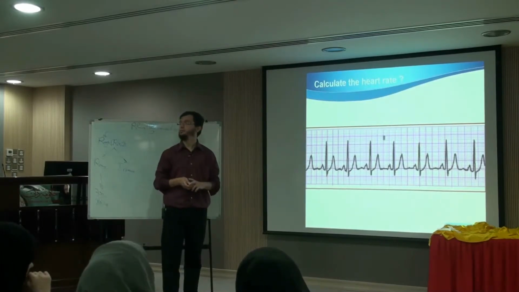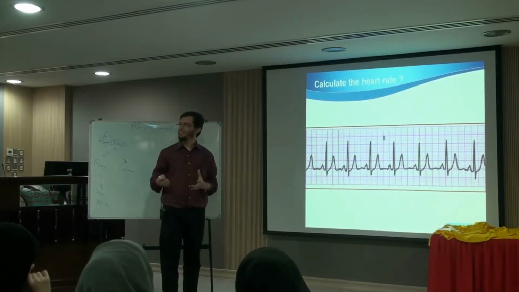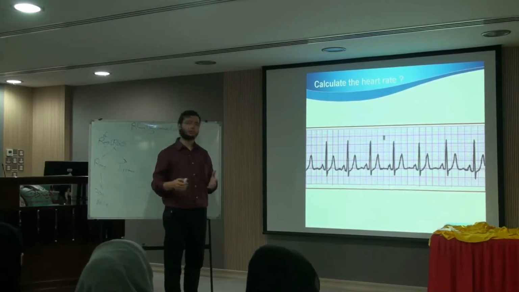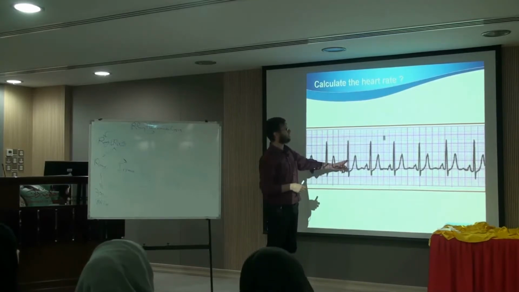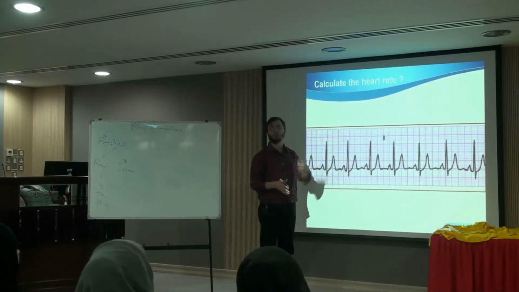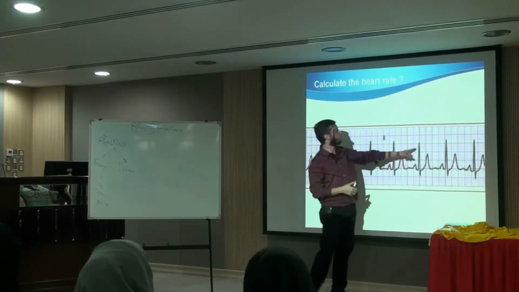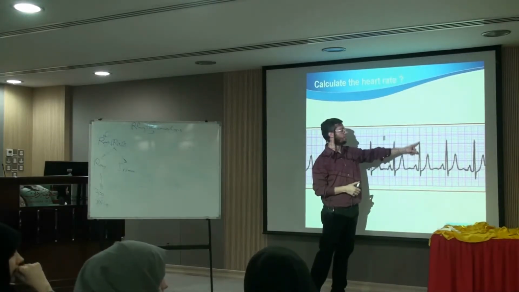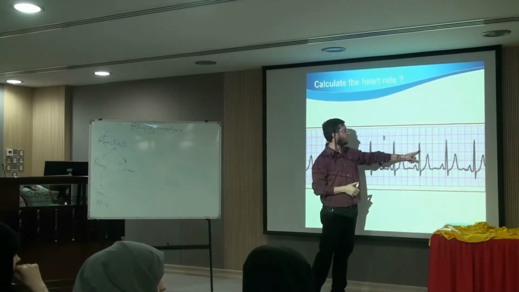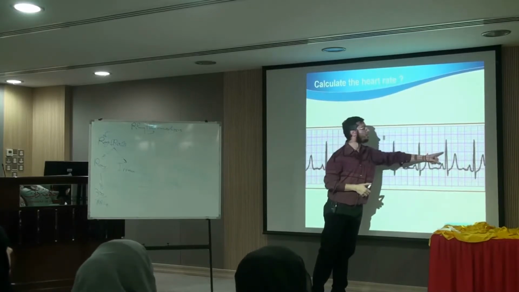Why did you say this? So 300 divided by 4. This is the R wave, and we usually like to choose a clear R wave which is on a large square. So you choose, for example, this one, because it's on a thick red line, which is the large square, and you count 1, 2, 3, 4.